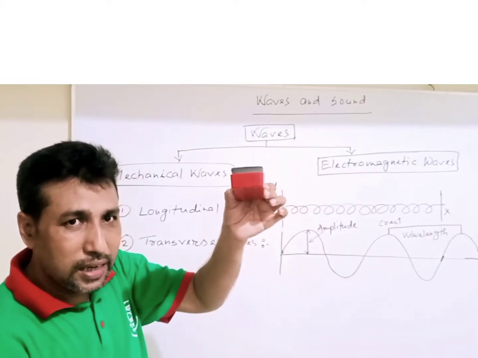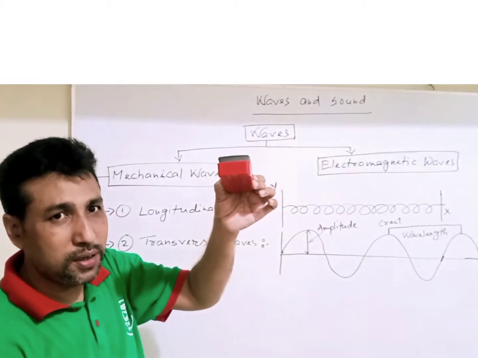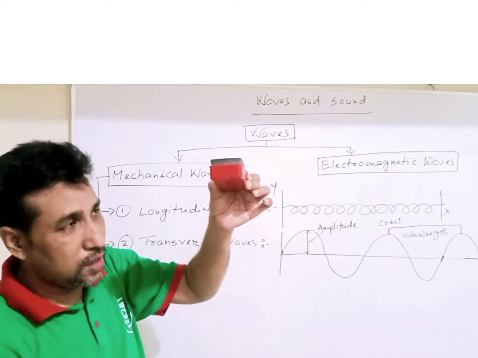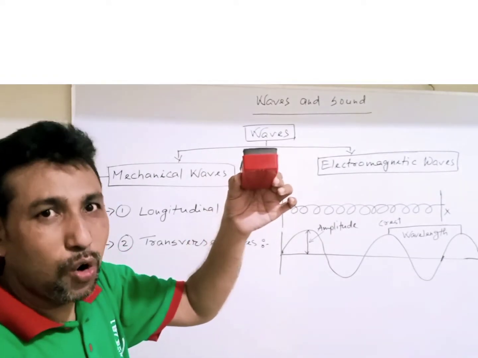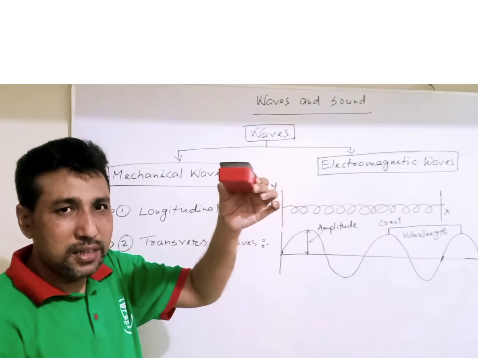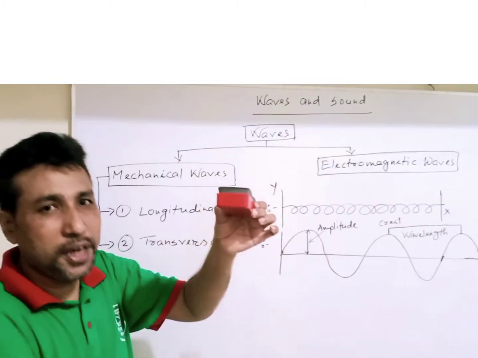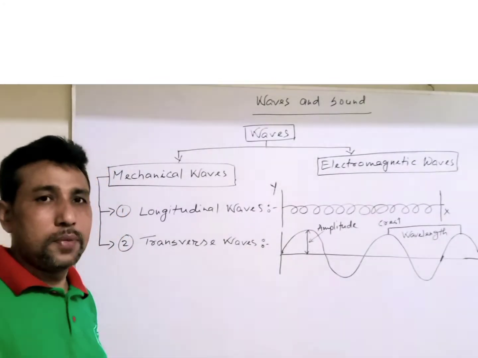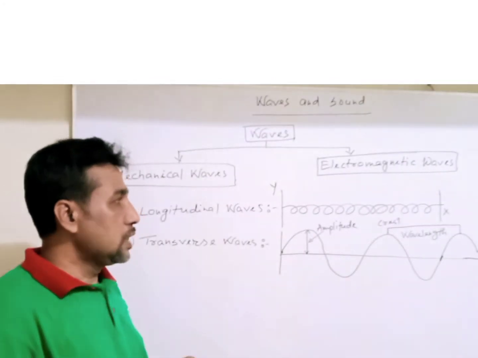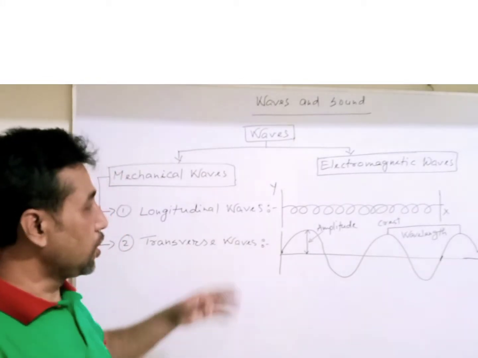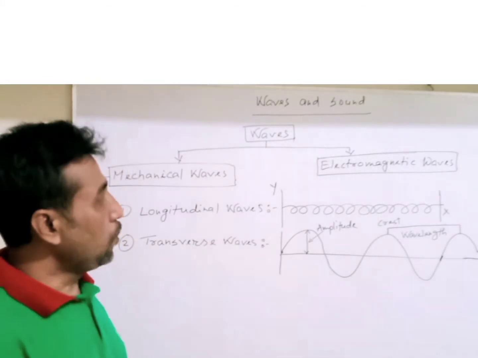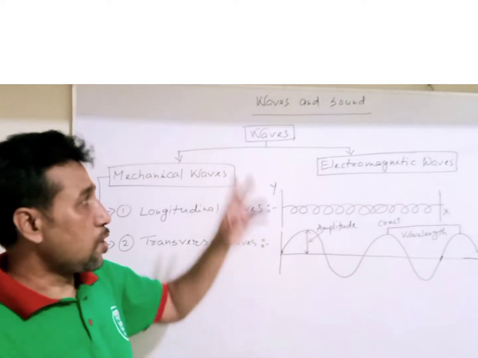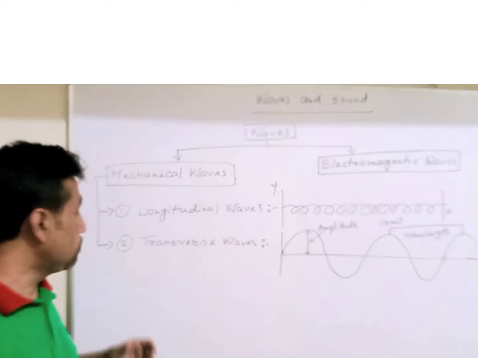But the position of the spring or the two ends of the spring won't change permanently. Just the energy is transferring through the oscillation. So this is the longitudinal wave. The sound wave is a very good example of a longitudinal wave. We'll discuss it when we discuss sound in the next class, inshallah.